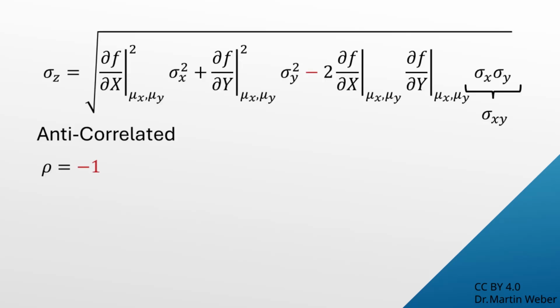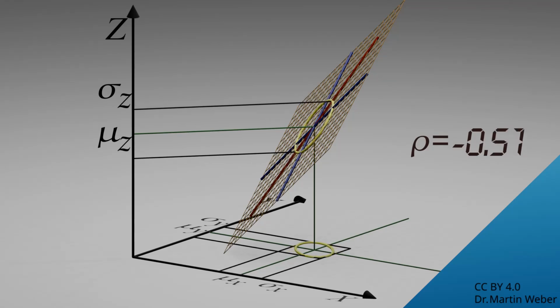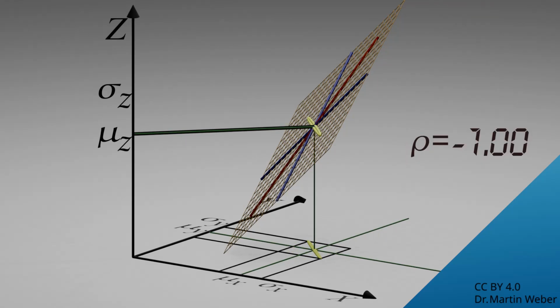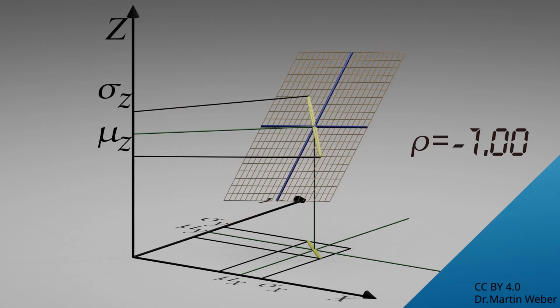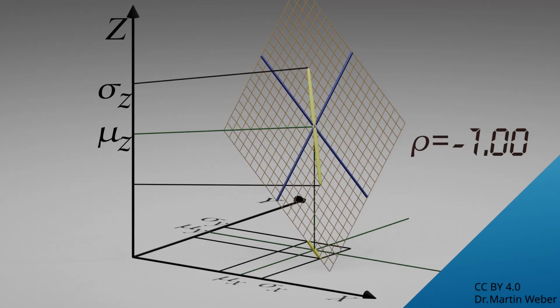In the case of anticorrelation, the equation can be simplified again. Now the result is the difference of both terms. In the split case, this results in a value 0. Note that the effect of the correlation on the resulting standard deviation depends also on the orientation of the function plane.